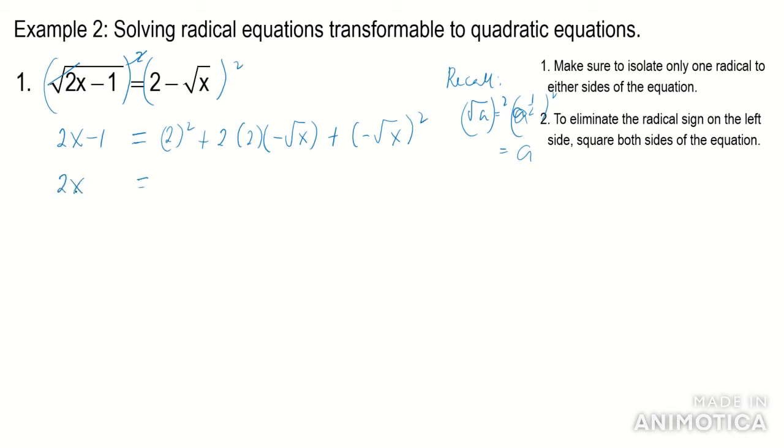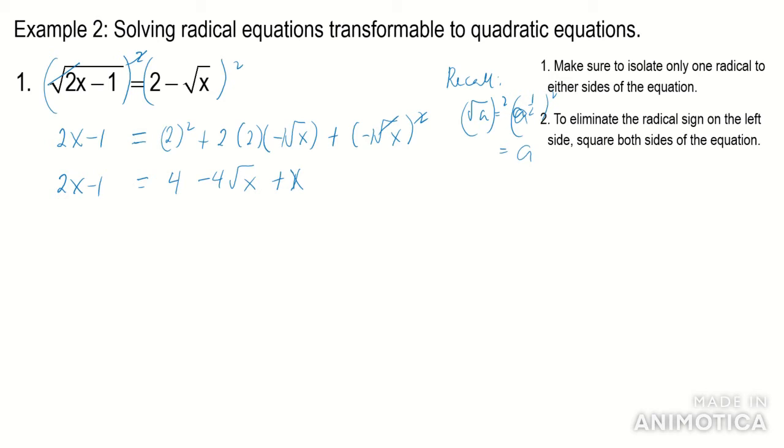You have 2x minus 1. 2 squared is equal to 4. 2 times 2 times negative 1 is equal to negative 4 times square root of x. Then, the square of negative 1 is equal to positive 1. And the square root of x squared is equal to x. So, we have x here, that means 1x or x.